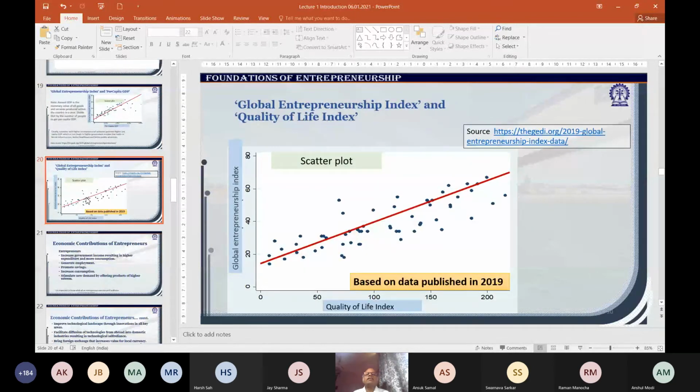And this is just translating per capita GDP to quality of life index. And quality of life index can be translated into happiness index. So the higher the entrepreneurial index, meaning more and more people become entrepreneurs in a country, the quality of lives of the citizens are far better. It is proven with data.